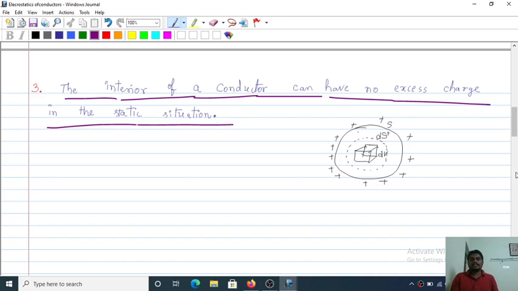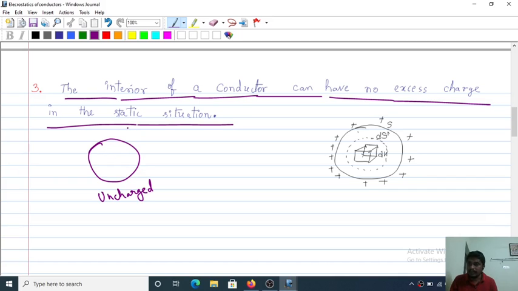Let us consider an uncharged conductor. What is a conductor? Whatever the material, it contains an equal number of positive and negative charges, but the negative charges are loosely attached, so with a small electric field they can move from one place to another.